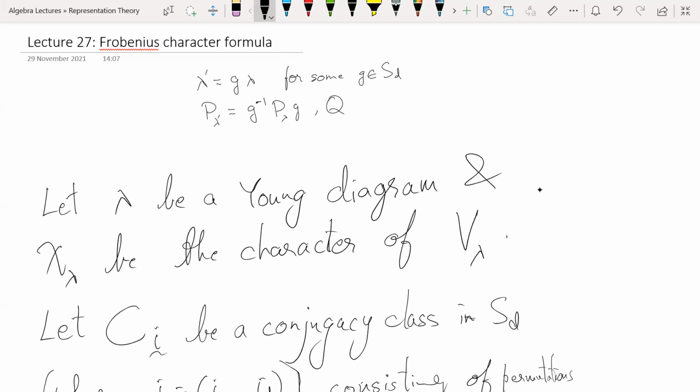And Q lambda prime is really g inverse Q lambda g. I think I wrote it down last time, so I think this is right. Let me just check here once.